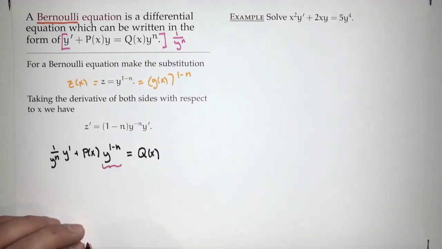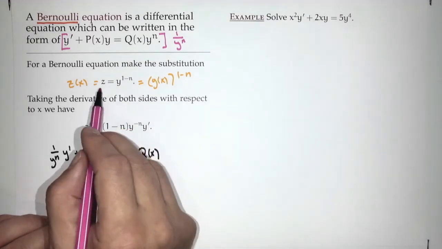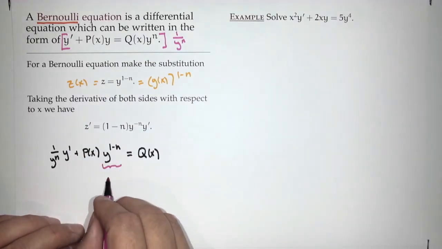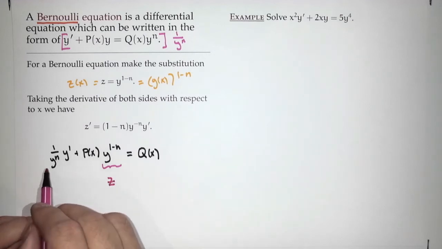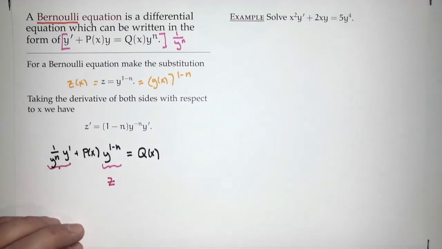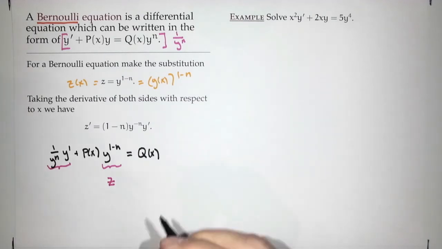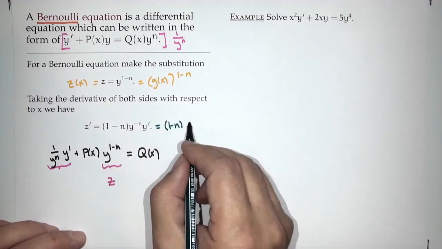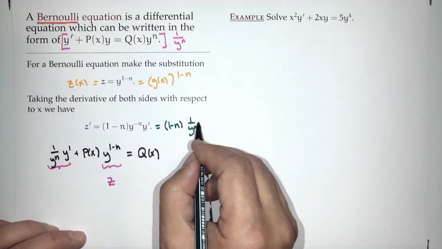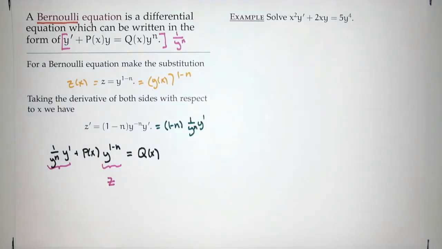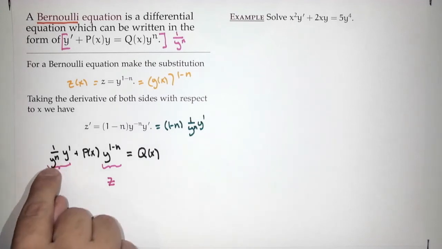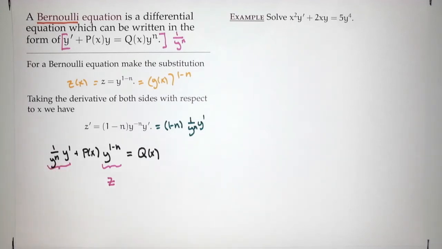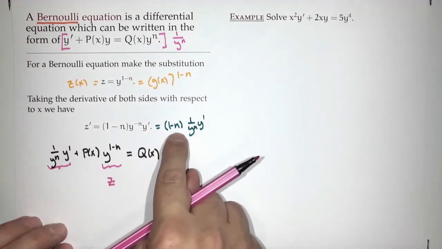All right, y to the power 1 minus n. What can we do with that? It's z. So we have a z, 1 over y to the n times y prime. Well, notice we can rewrite this as 1 minus n times 1 over y to the n times y prime. So what does this become? It's z prime plus, you got to correct for this constant.